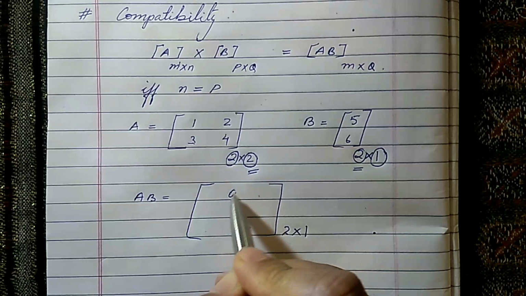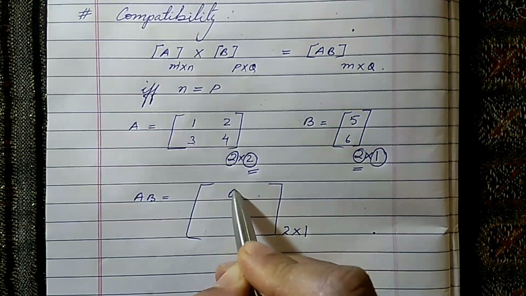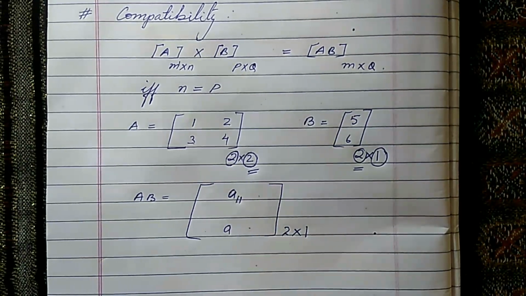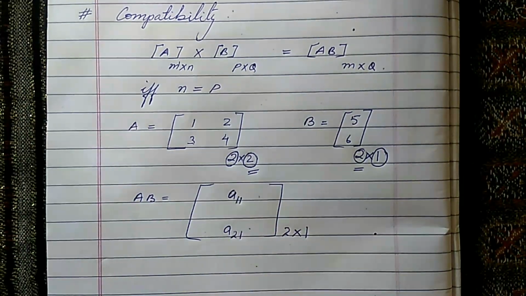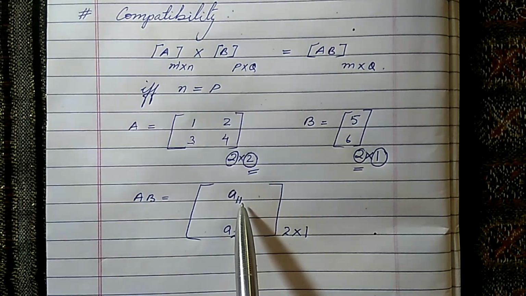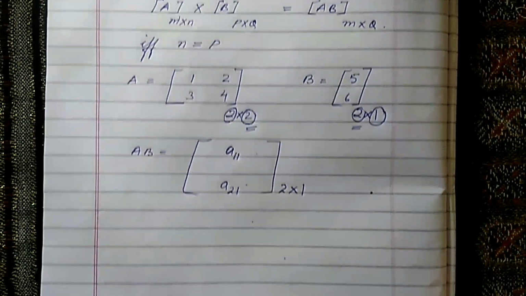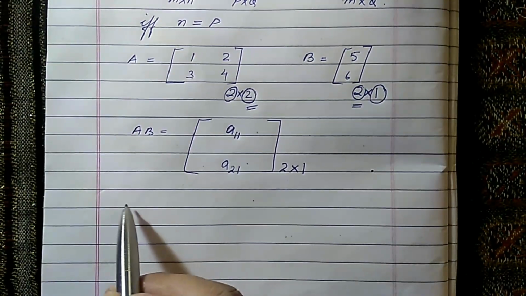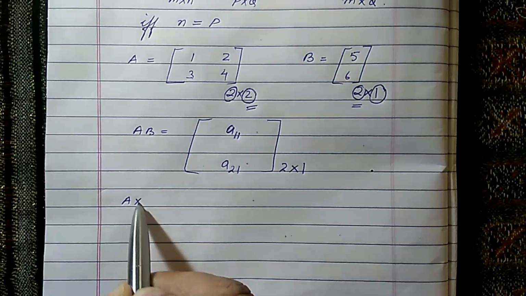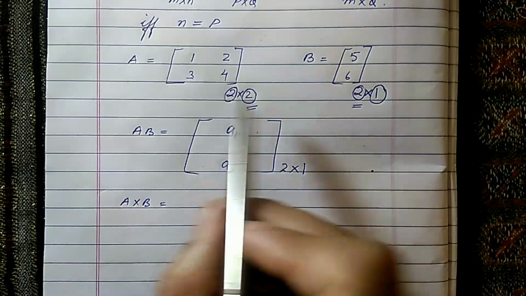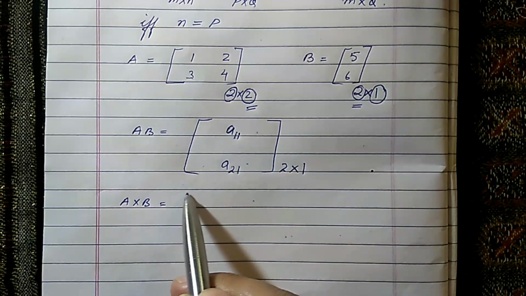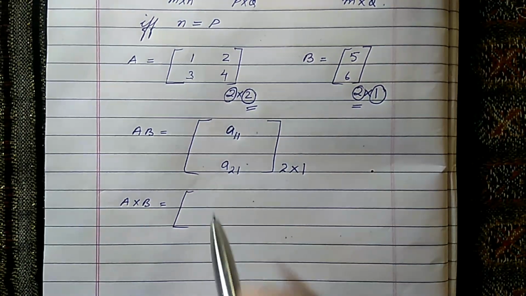We write it like this: A11 and A21. That means it has 2 rows and only 1 column. Now why do I write it like this? I write it this way because it helps me to multiply properly. Now let's just see how I am going to multiply. So first we checked whether they are compatible for multiplication or not, and then we are going to find out the product.